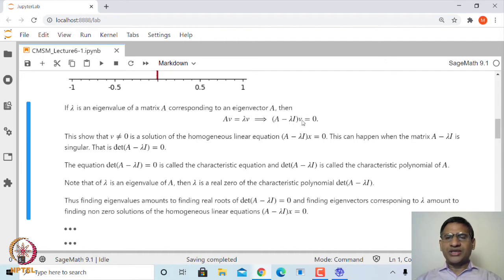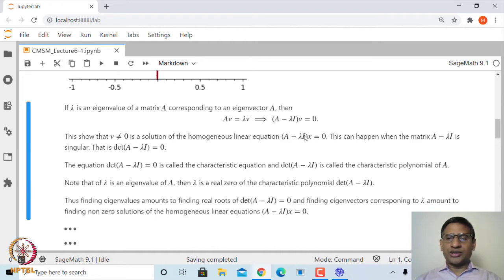And v is a non-zero vector. This equation is a homogeneous equation, and it says that v is a non-zero solution to it. So, when do you have a non-zero solution to a homogeneous equation Ax equal to 0? This happens only when A is a singular matrix, that is the same as saying the determinant of A is 0.